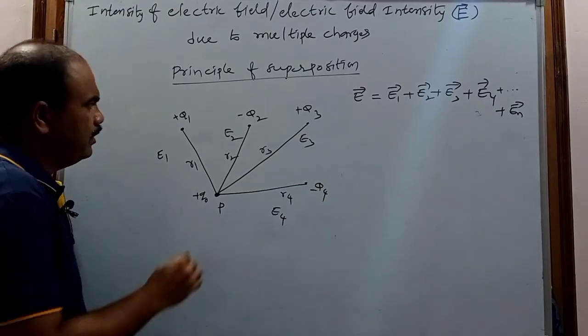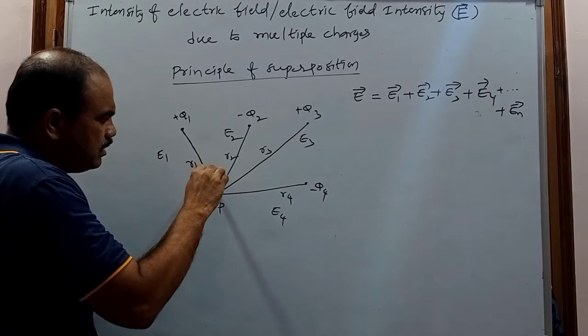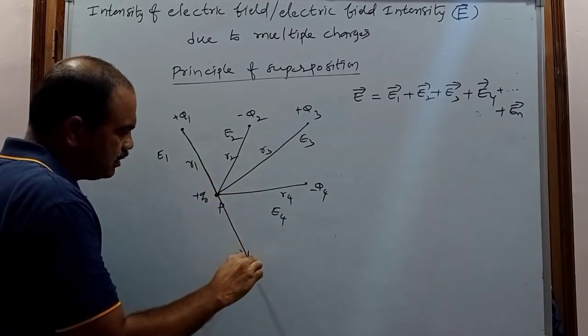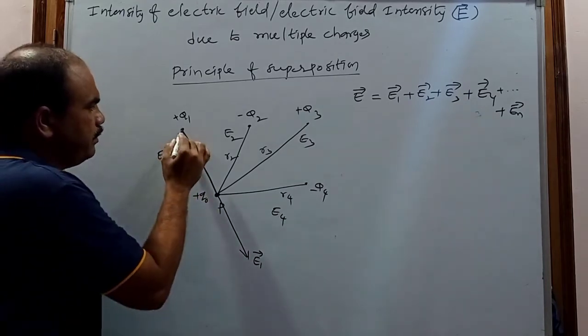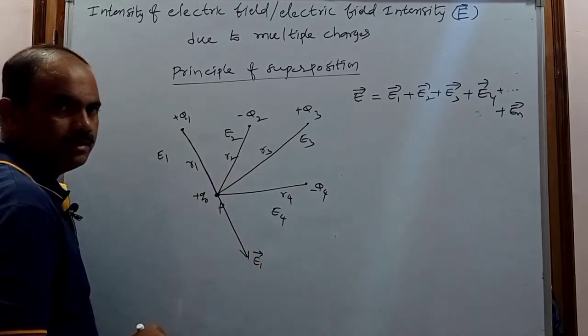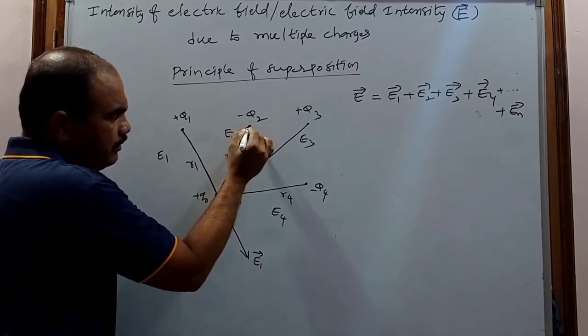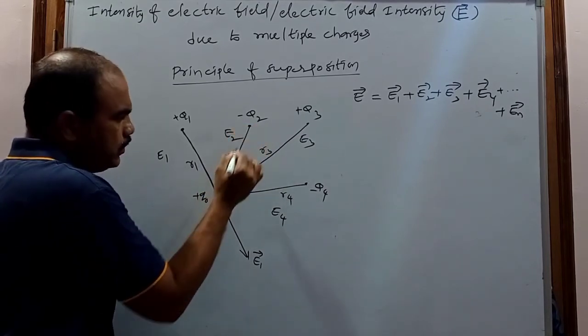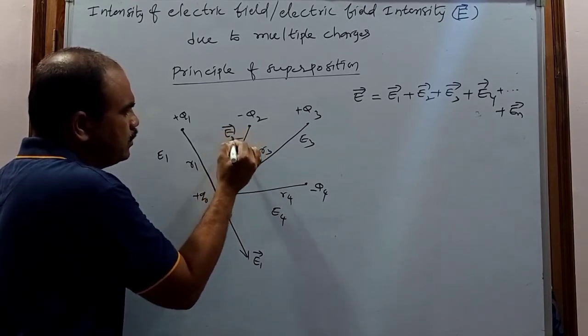Here, the intensity of the electric field due to this positive charge Q1 will act in this direction. This is the E1 bar direction, because a positive charge and a positive test charge repel. But Q2 is a negative charge, so the intensity of electric field due to Q2 will act in this direction. This is the direction of E2 bar.